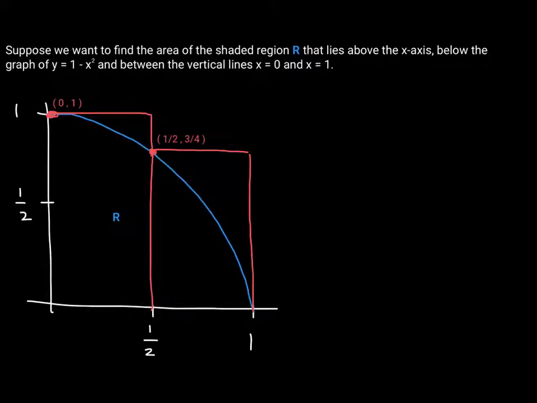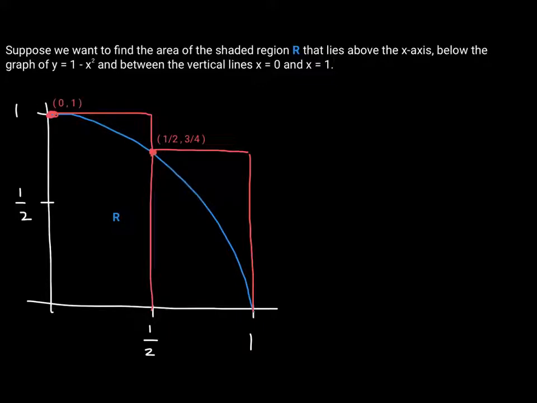Actually, we call it an upper sum, because it's going to be an approximation that's larger than the true area. Why? Because all of region R is contained within these rectangles. So just know that our approximation is going to be a little bit too big.